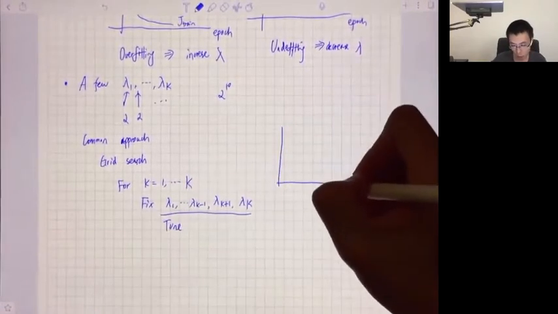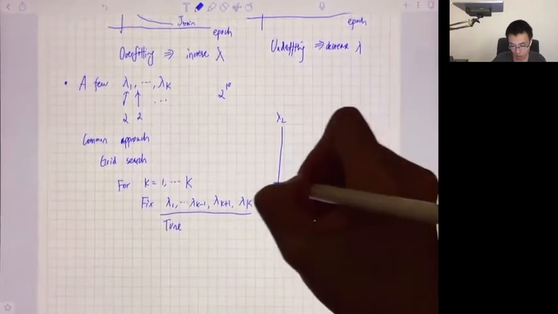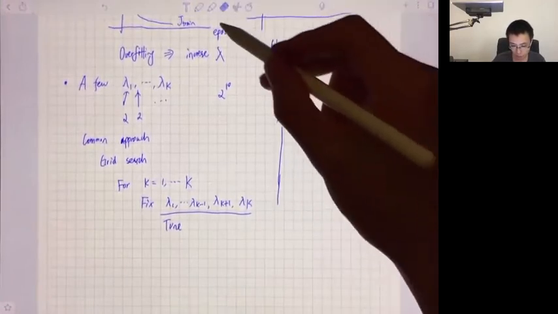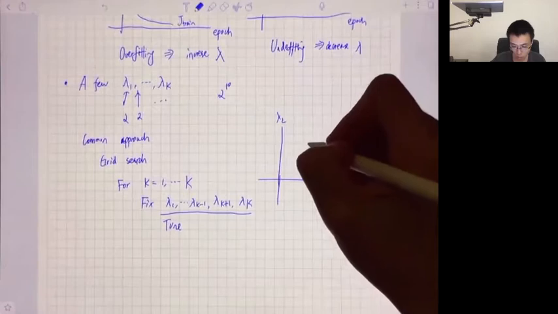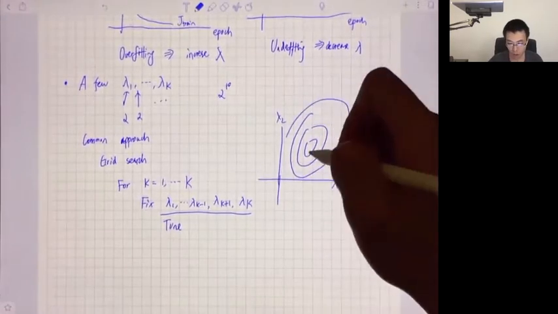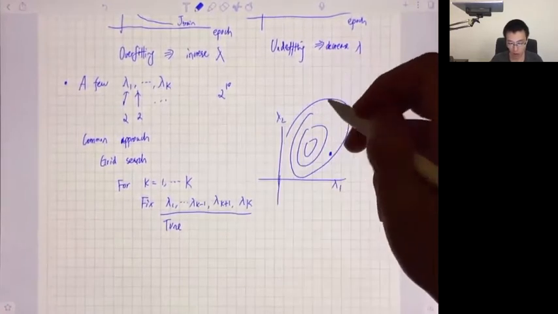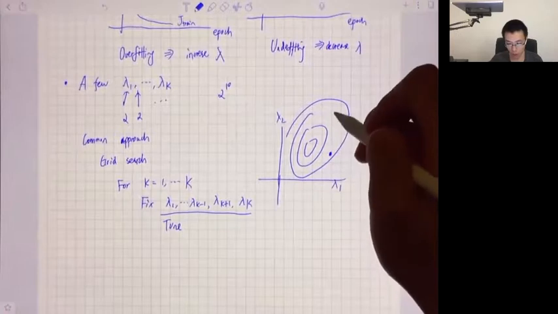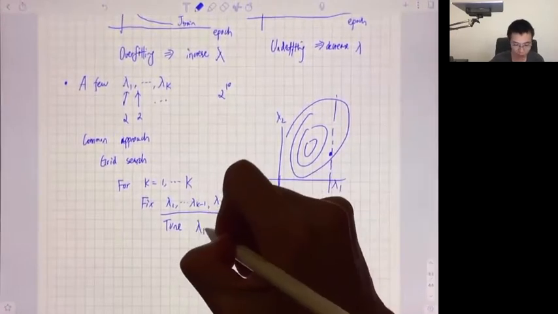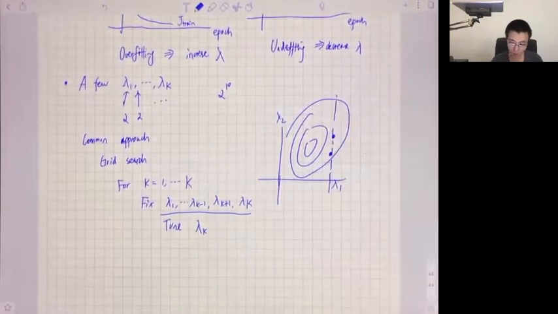So you fix one lambda. Suppose this is my validation error on different lambdas. So suppose you are here, then you first fix maybe lambda 1. So you fix lambda 1, you are only here, and you tune lambda k to the best. Now you probably get here.